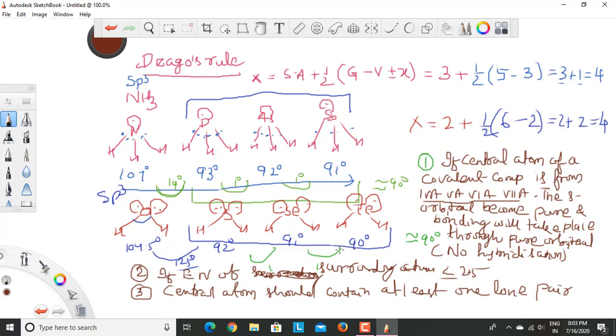So the electronegativity of the surrounding atom should be less than or equal to 2.5. If this is so, then there is no need of considering hybridization. Then no hybridization for the central atom.